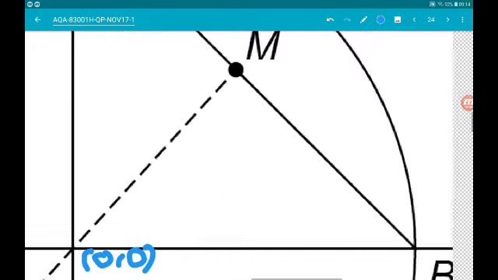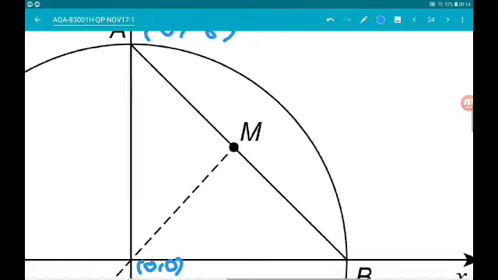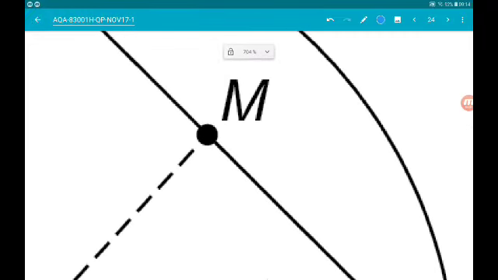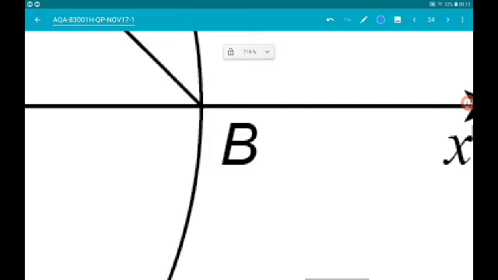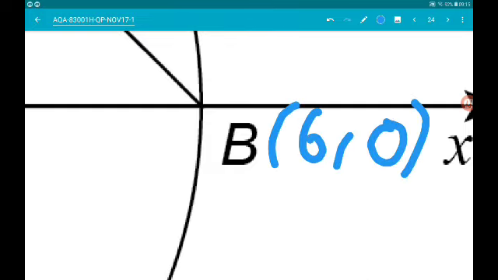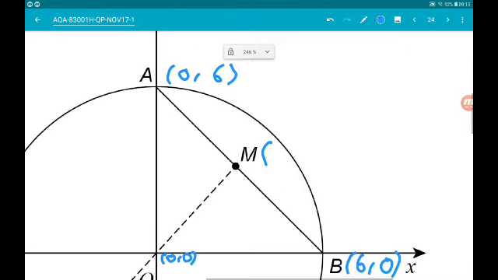What we can also do is work out the coordinates of M. M is the midpoint of AB. So we now know that B is 6, 0. Now midpoint coordinates are the mean of the two coordinate points at the ends of the line.